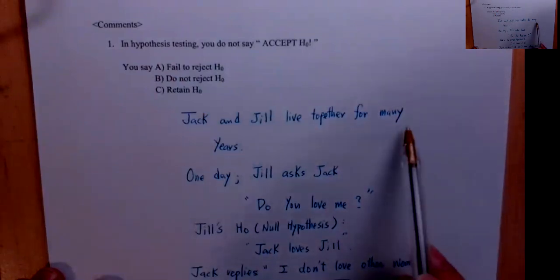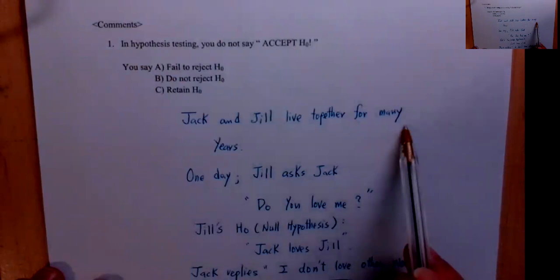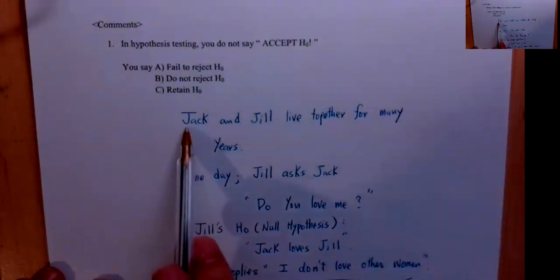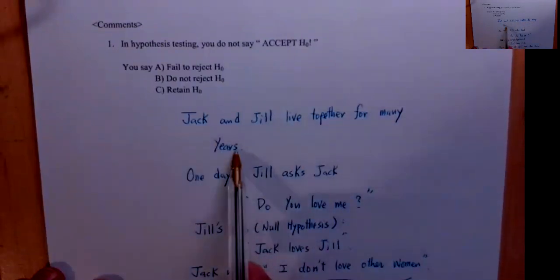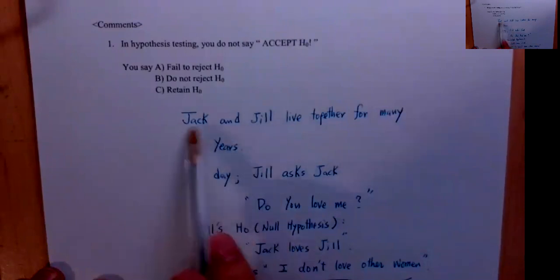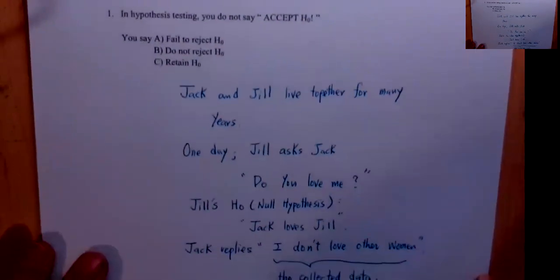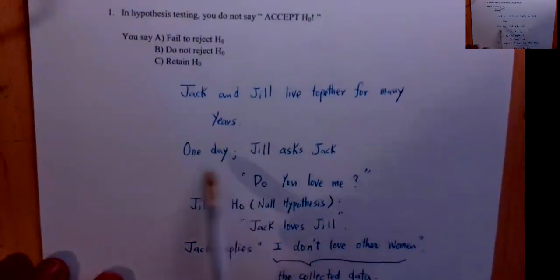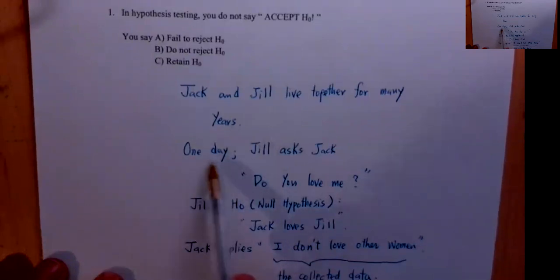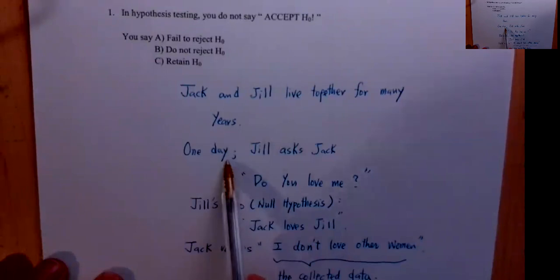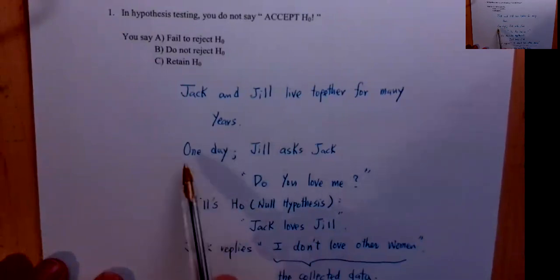Let me use this simple example to explain the idea. Say Jack and Jill live together for many years. You can think Jack and Jill, they are a couple, right? And one day, we know women are usually more sensible or more emotional, okay?